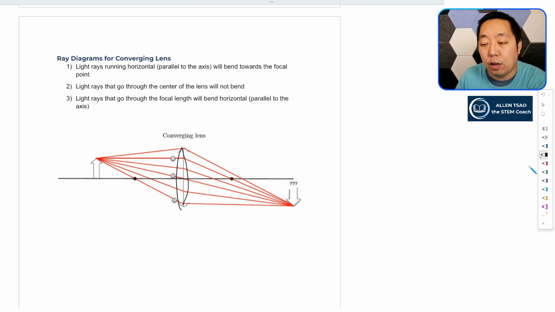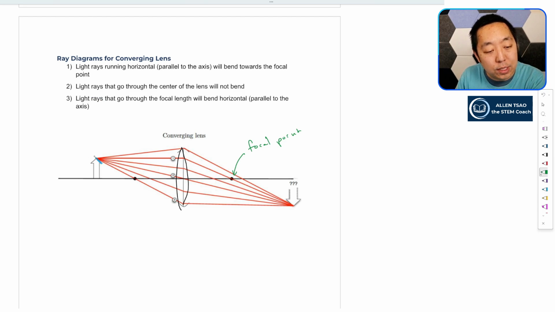here are the rules for drawing our ray diagrams. Any light that goes parallel to the principal axis, like this one here, will bend towards the focal point. The focal point will be on the opposite side here. So rather than reflecting back like a mirror would, it's going to bend towards the focal point.